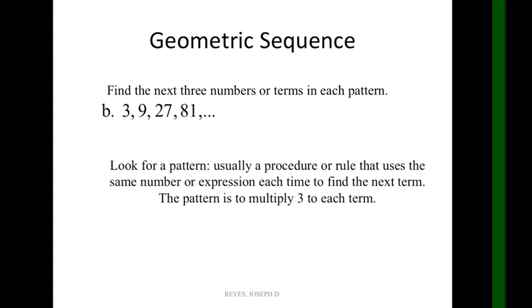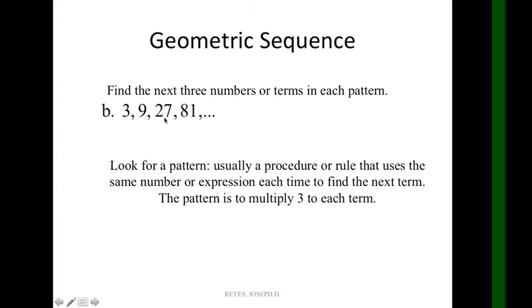Look for a pattern. Usually, a procedure or rule that uses the same number or expression each time to find the next term. The pattern is to multiply 3 to each term. Kung titignan natin, class, 3, imumultiply mo siya ng 3, ang magiging answer is 9. Ang 9, imumultiply mo ng 3, ang magiging answer ay 27.